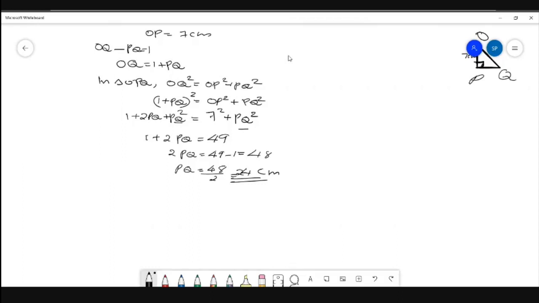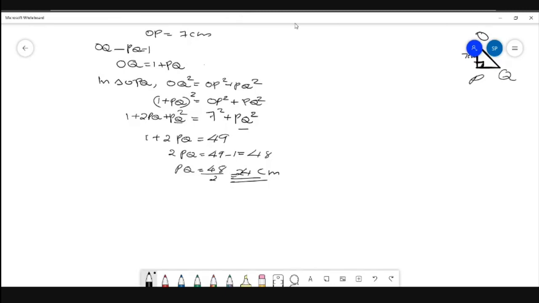Now if you substitute PQ equal to 24 centimeter in OQ, we have OQ equal to 1 plus PQ. So substitute 24 into this equation. If you want, you can give that as equation numbers.